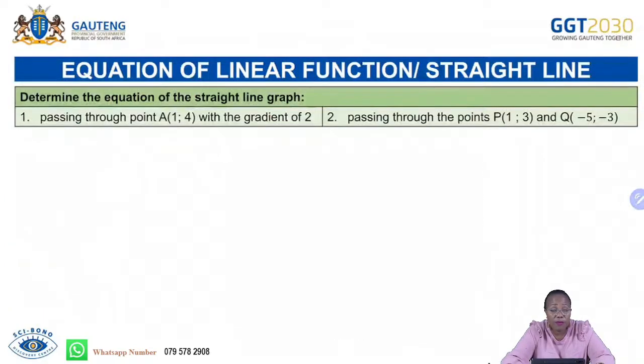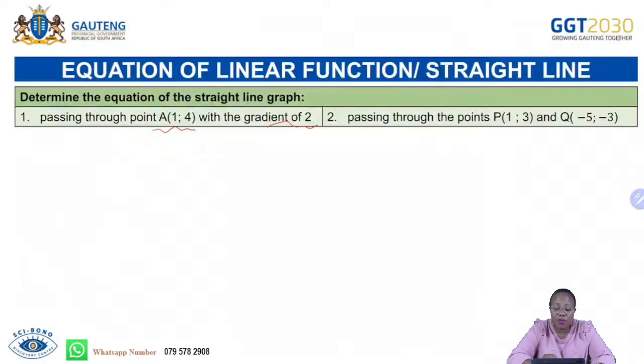And then now moving on to equations of linear functions or a straight line. Here we'll be determining the equation of the straight line. So the first condition that can be given to you is when the line is passing through a point. In this case, the line is passing through point A, which is (1; 4), and the gradient is given to you.